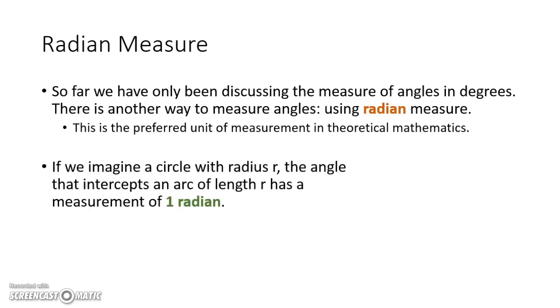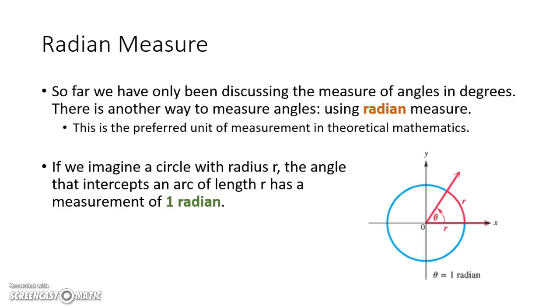If we imagine a circle with radius r, now if we draw an angle such that the angle intercepts the circle, where the chord, this little section of circle here, is the same length as the radius, that angle is a measure of 1 radian.